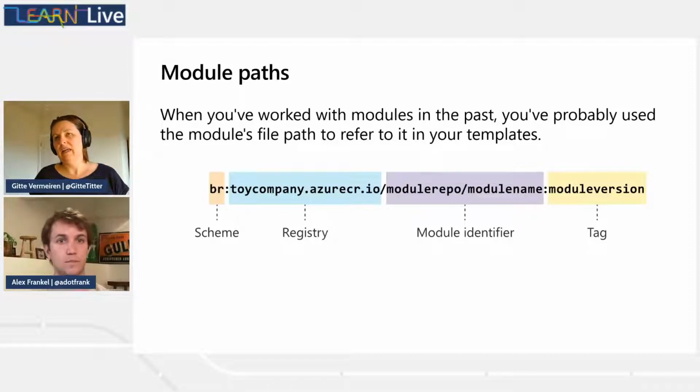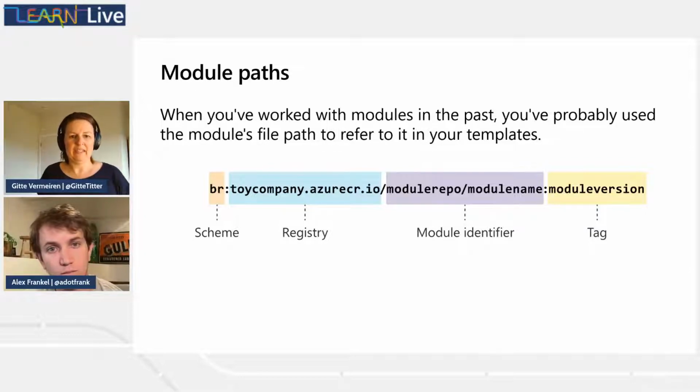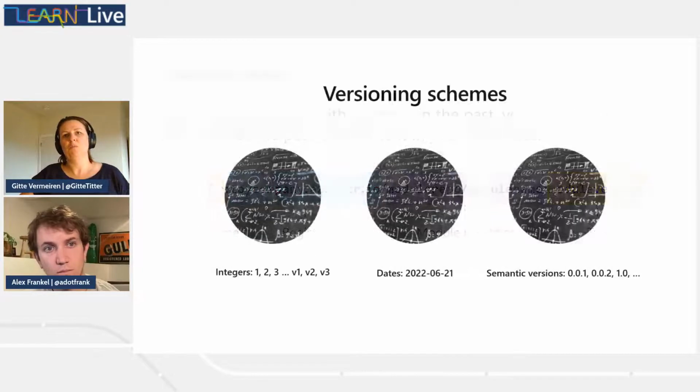Yeah, exactly. And then the last part is your tag, or module version. Now on tagging, the tag is the version of the module that you're pushing, right? And you can reuse a tag, like you can name everything V1, let's say, but that's not a good practice.